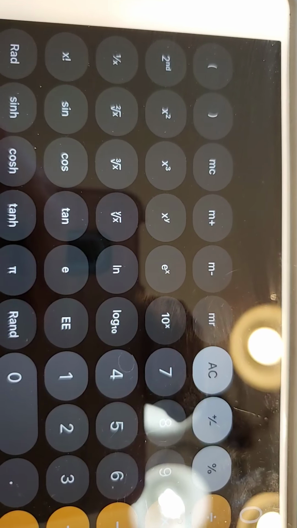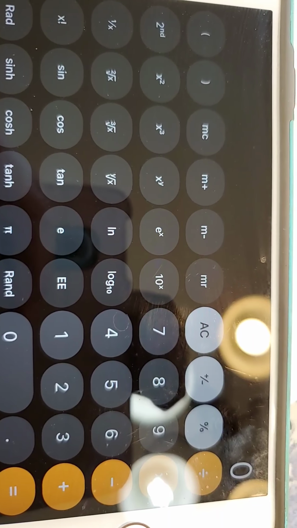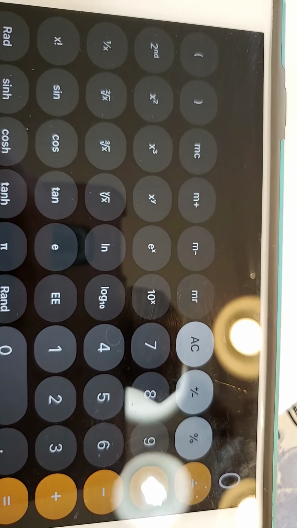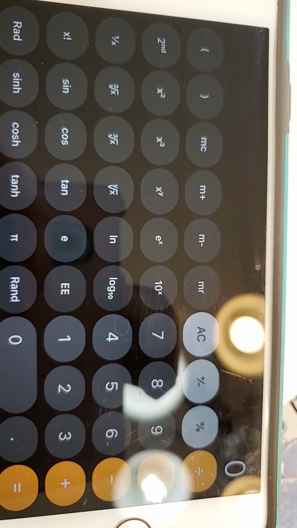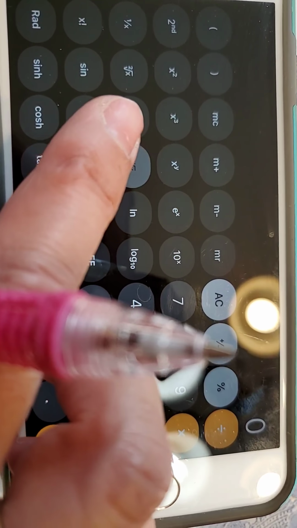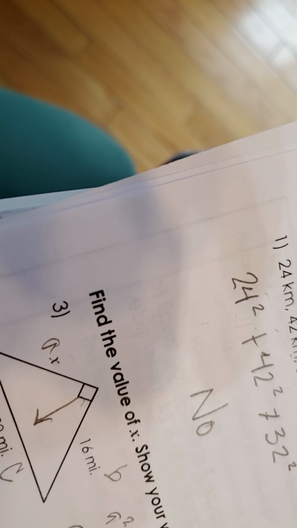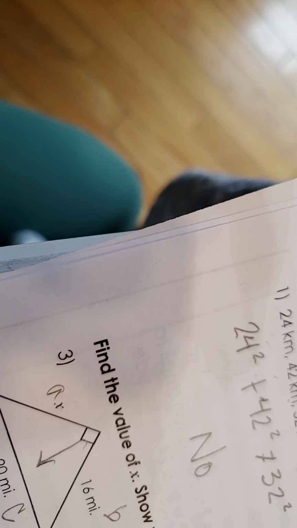I want to find square root on here. I'm thinking it's this one, right here, because this is going to be the cube root. So we're going to do the square root of 169.